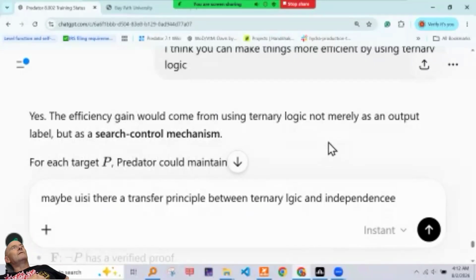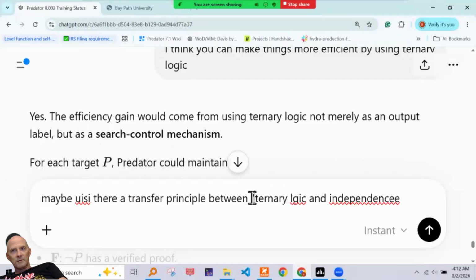I know that's not phrased correctly, but I'm going to say logic with independence.